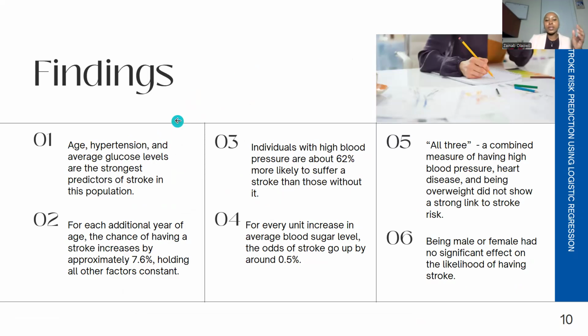With all of that, my findings are that age, hypertension, and average glucose level were the strongest predictors of stroke in the population that we sampled.